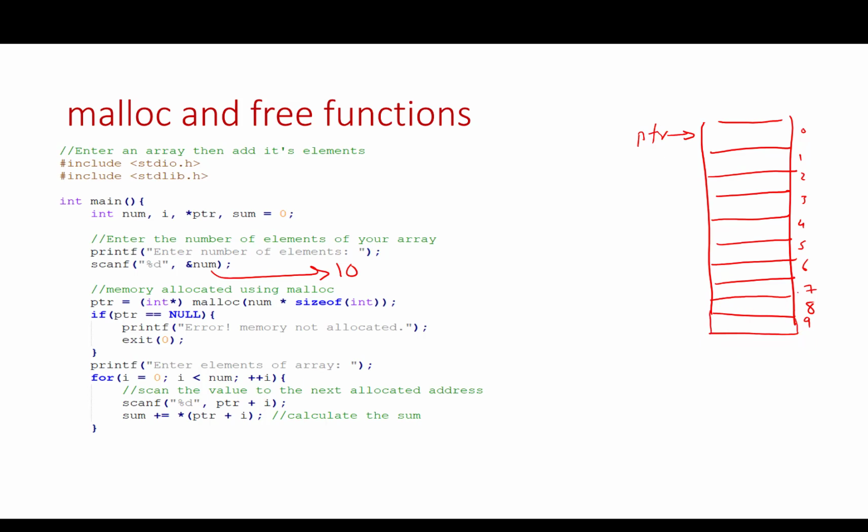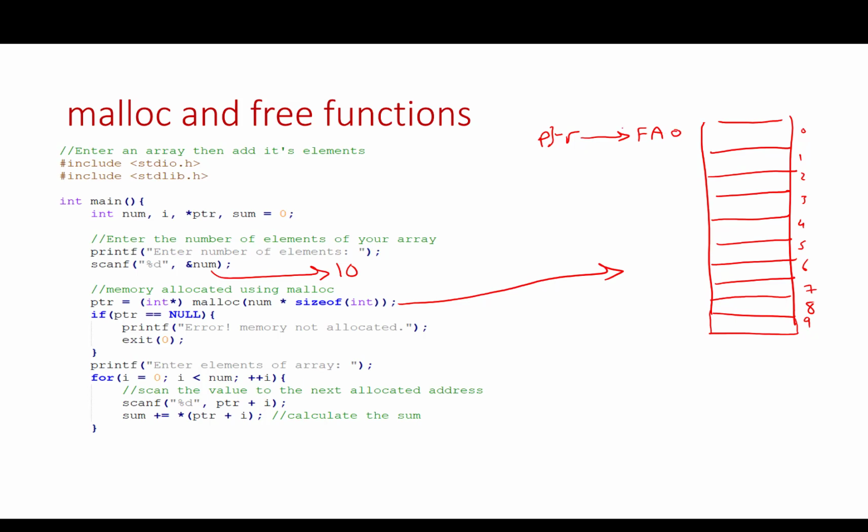So this is what will happen after this step. And the pointer here, let me write the pointer, will point to this address, which is, let's say, FA0.